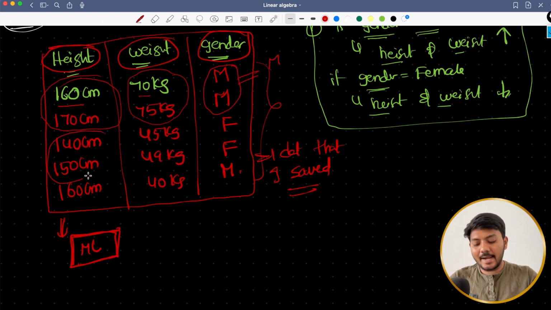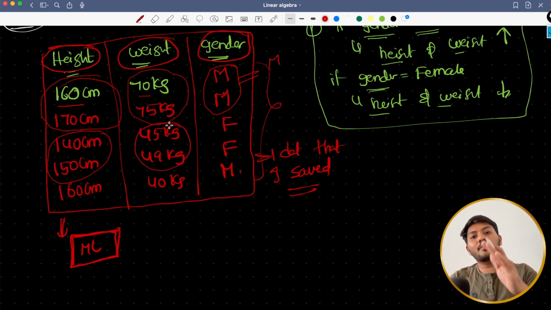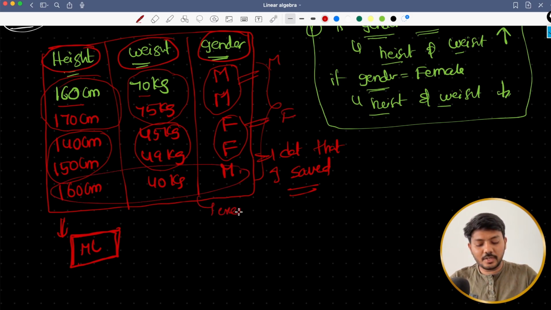And if my height is approximately from 140 to 150 and weight is around 45 to 50 kg, they fall into the category of female. Of course, there might be some exceptions as well, but in general, this is the pattern that I extracted.